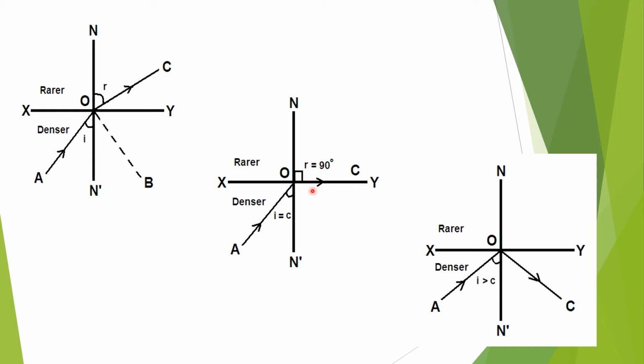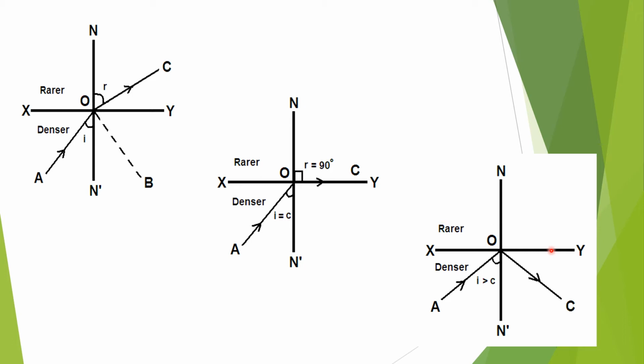Now the refracted ray is so far from the normal that it grazes the surface of separation between the two media, which means the angle of refraction is 90 degrees, parallel to the surface of the medium. So the angle of incidence is equal to the critical angle when the angle of refraction is 90 degrees. This is the critical angle.